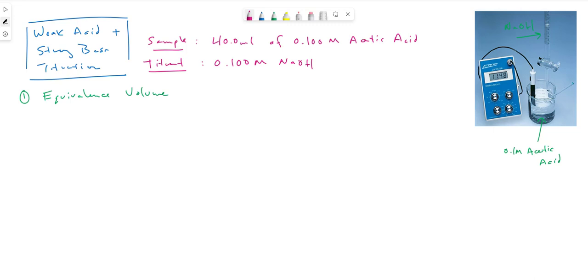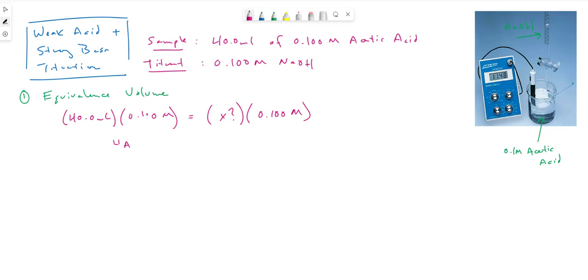So that becomes 40 milliliters of 0.1 molar acid, so this is the HA, or the acetic acid, and then we have X as our volume of titrant, that's our equivalence volume, and 0.1 molar.